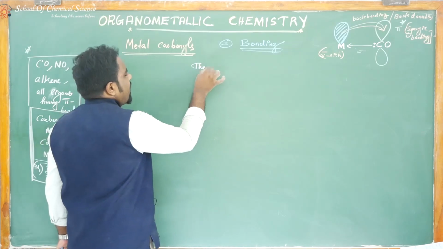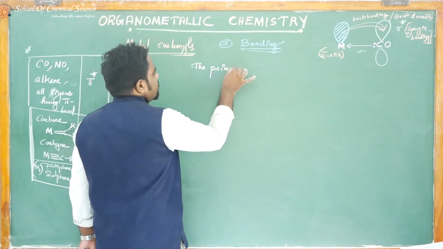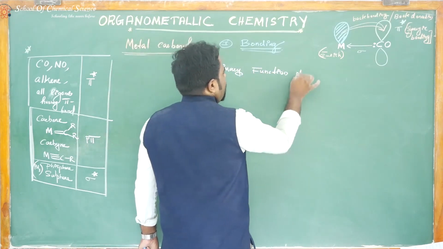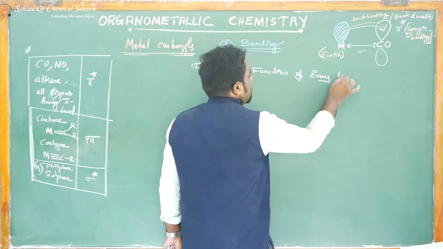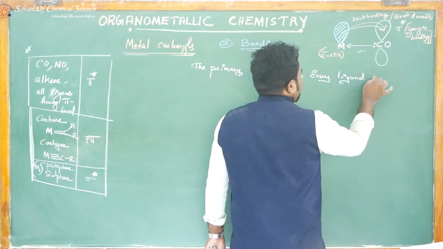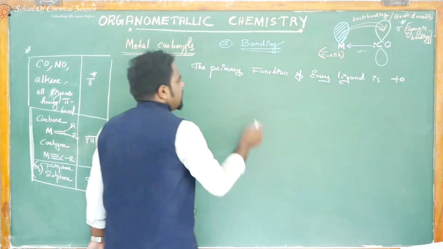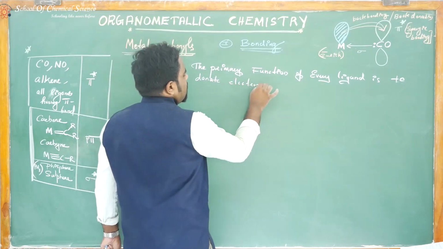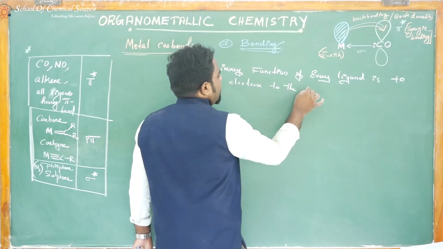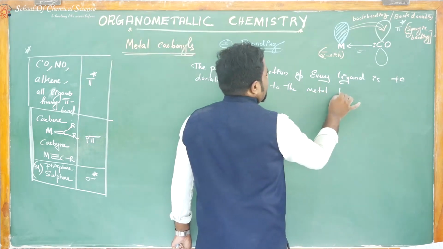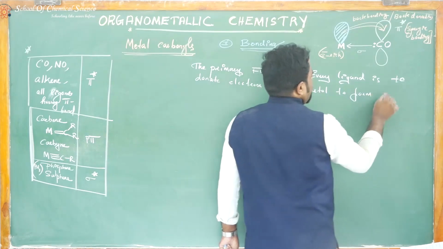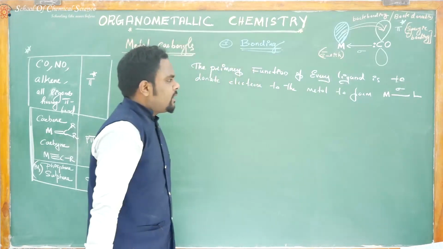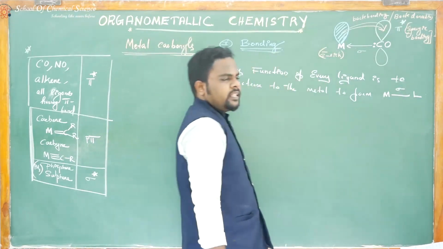The primary function of every ligand is to donate electrons to the metal to form a metal-ligand sigma bond. All ligands form a metal-ligand sigma bond.